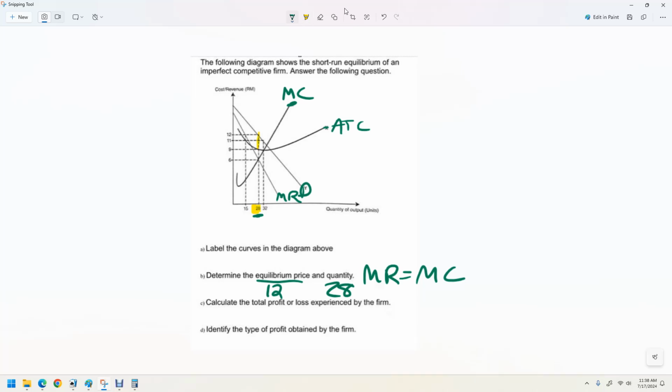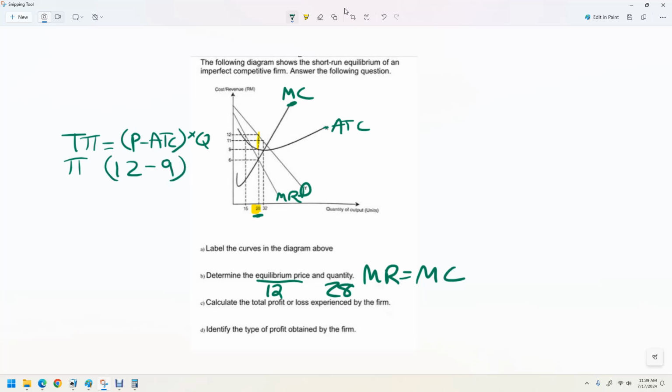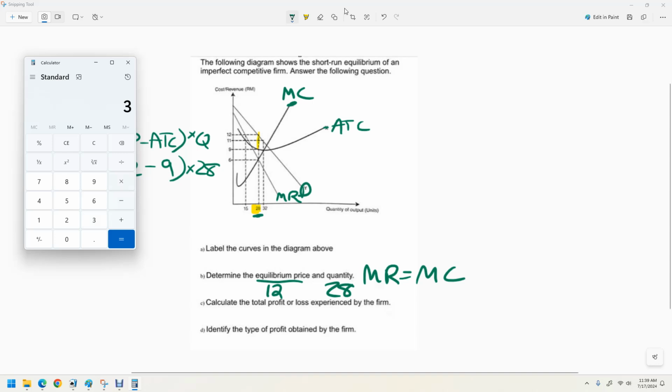So total profit is price minus average total cost, multiplied by quantity, the big Q. In this case, it would be 12 minus 9, which is a difference of 3, times 28. That's $84.